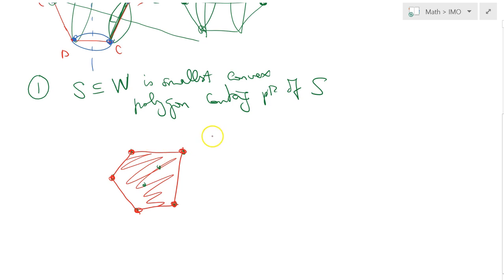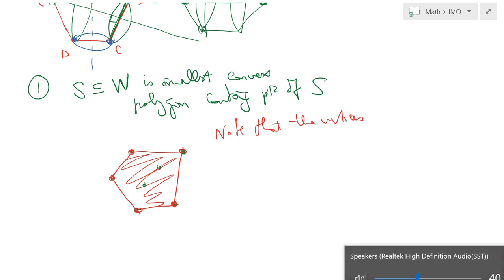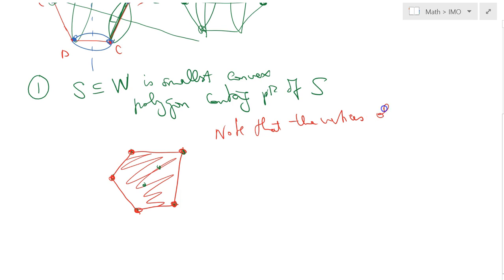So note that the vertices of W are points from the set S, not necessarily the whole set S, but points from the set. In fact, we will just show in a few minutes that it contains all the points, and there can't be any points inside, like we saw here.